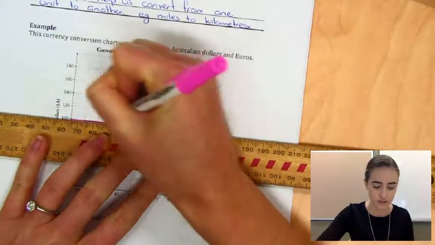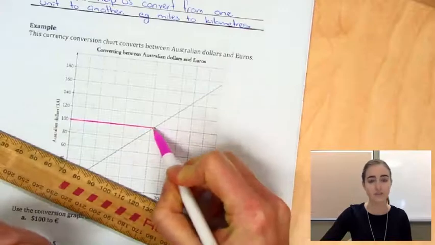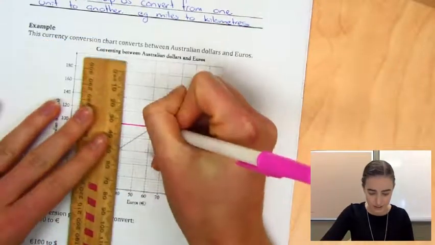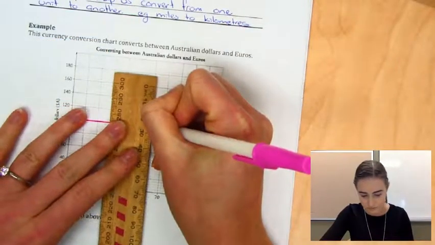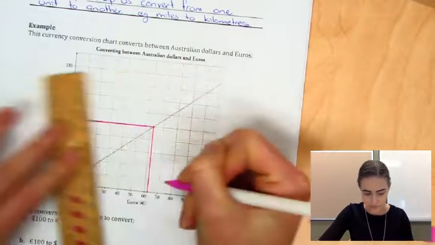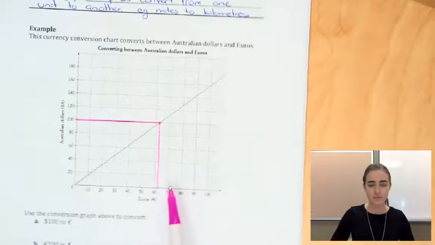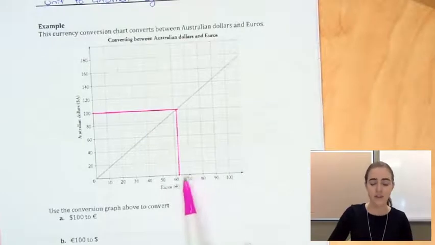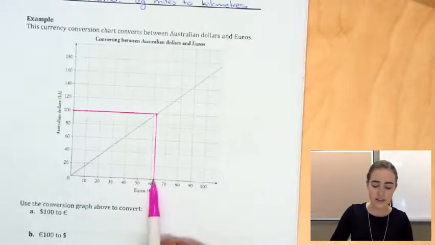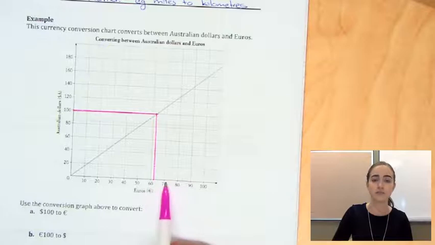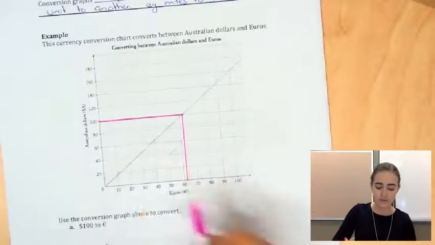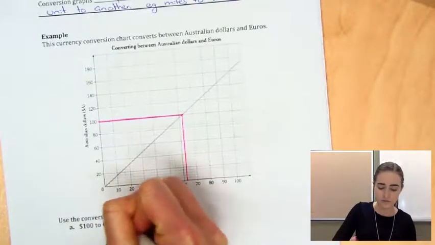So we'll draw a line straight across until it hits our grey line there, and then a line straight down. So that there comes down between the 60 and the 70. Now looking at the scale on that axis, every little grid line has to be 2 euros. So that there would be 62 euros.